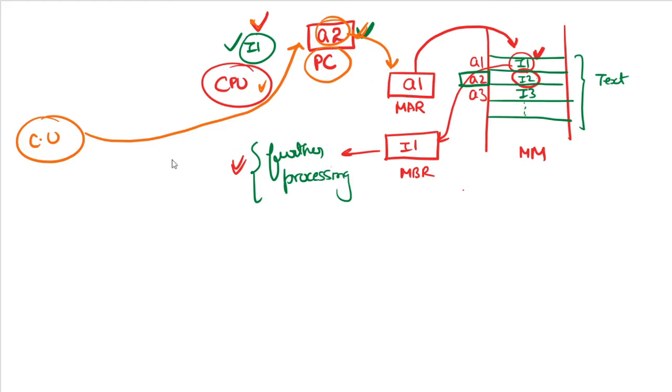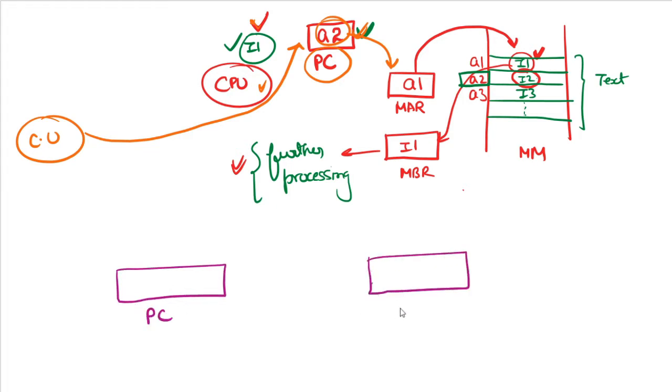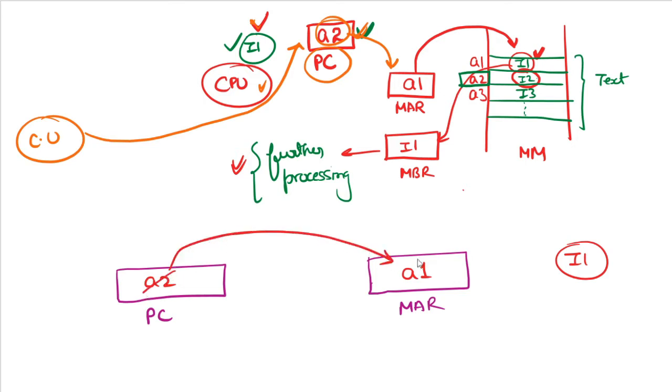Let me put it here. Let's suppose this is the program counter and this is the memory address register. At time t, the memory address register had address A1 and the program counter had address A2. When I1 got executed, this value A2 was shifted to the memory address register.